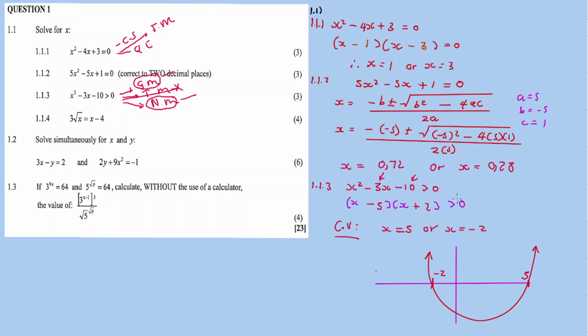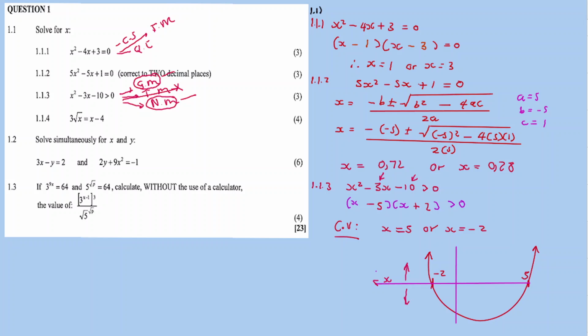Then we check where your function is greater than 0, and that is where you will find your solutions. Where is x squared minus 3x minus 10 greater than 0? It's above the x-axis. If it's less than, it's below the x-axis. But you check where your graph is valid, right? Because this graph is a smile shape, it stretches this way.